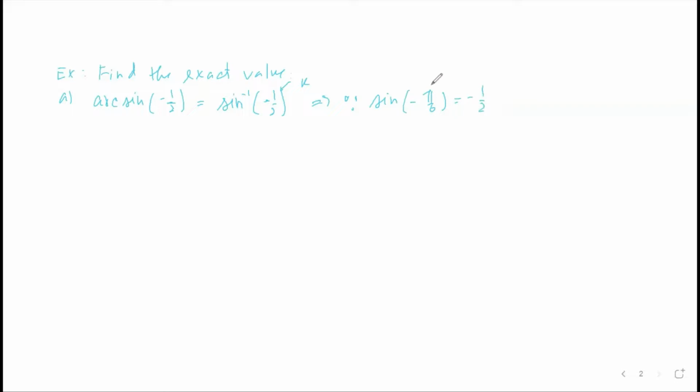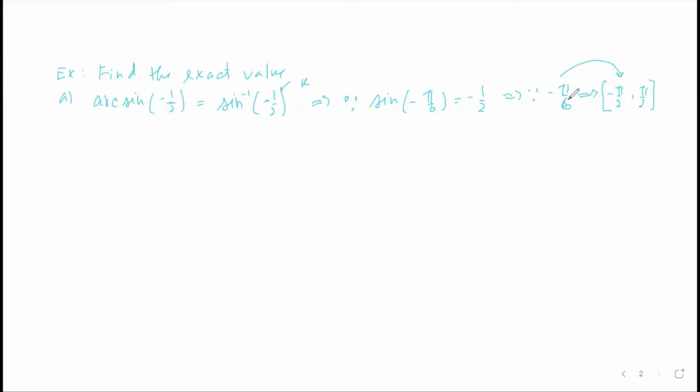Okay, and then you can see -pi over 6 lies in what? The interval, right? For the restriction, -pi/2 to pi/2. This one drops in here.